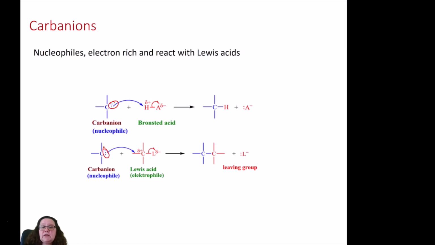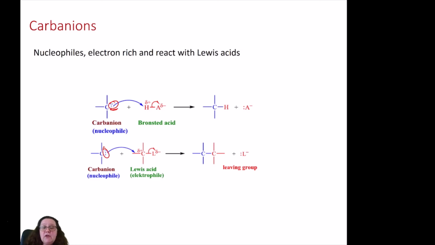Again, carbon stabilizes both positive and negative charges badly, so they tend to be very reactive species, and when they find another Lewis acid in the medium, they will be able to form a bond. Here, for example, you have a carbanion that will react with an acid.